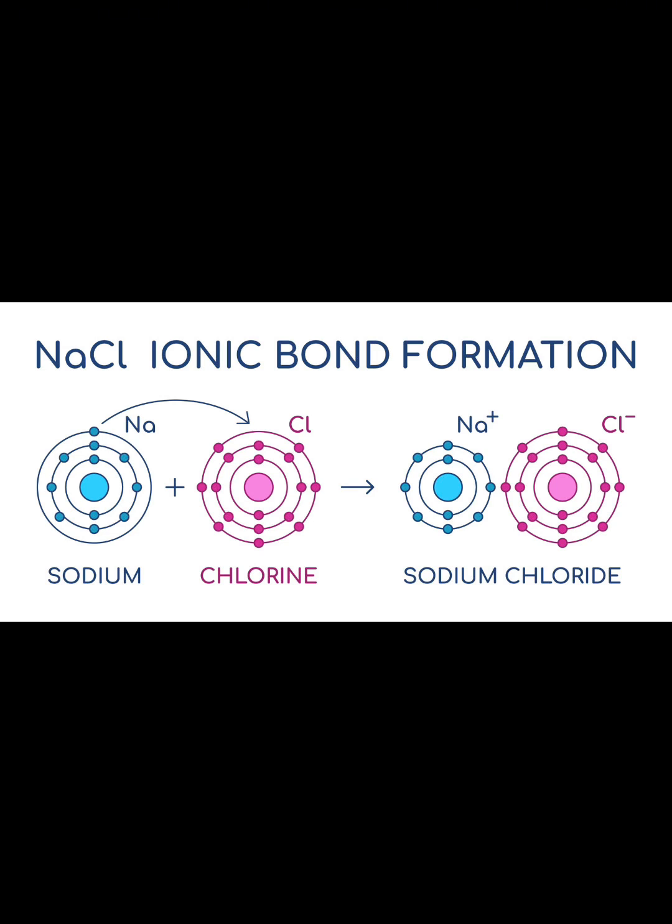It starts at sodium's electron and points right at chlorine. Once that electron hops over, sodium becomes a positive cation, Na+, and chlorine becomes a negative chloride anion, Cl-. And then because opposites attract, they stick together, and boom, ionic bond.